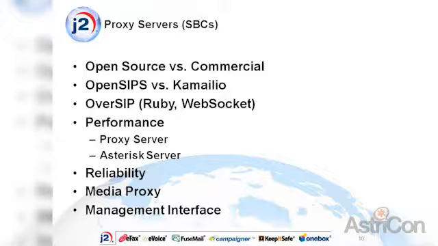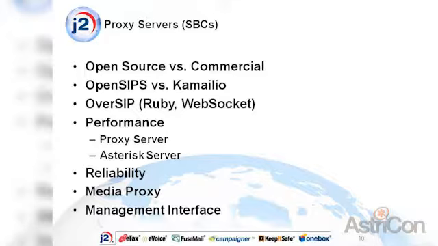Performance. First of all, it simplifies your Asterisk configuration. You don't need to have all the SIP phones in your Asterisk configuration. You don't need to care about pinging and registration. Everything's done on the proxy server. So Asterisk would be a lot simpler and would have to handle less messaging, and therefore it would have much better performance.